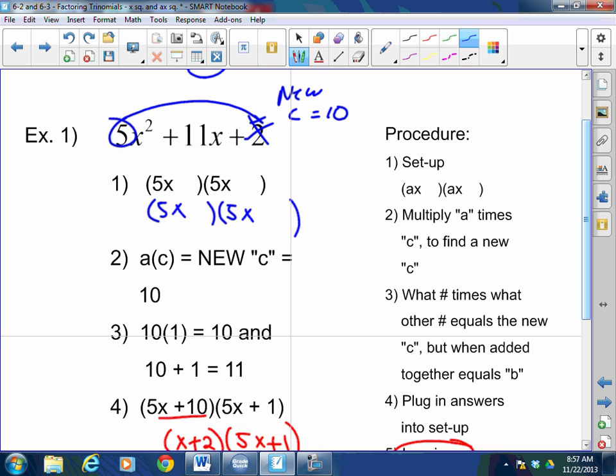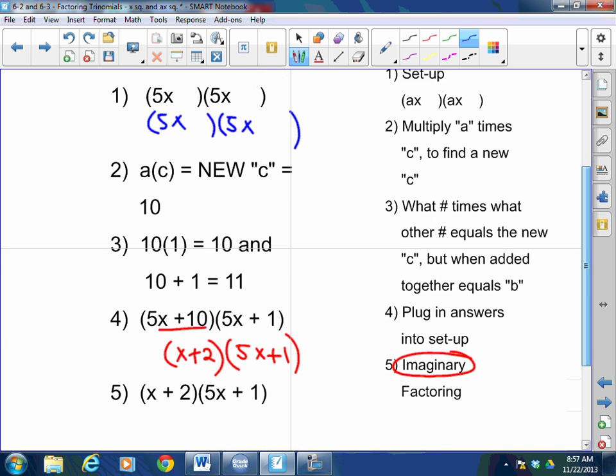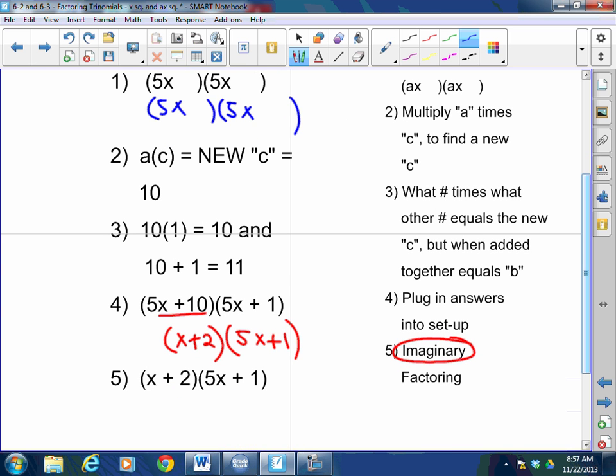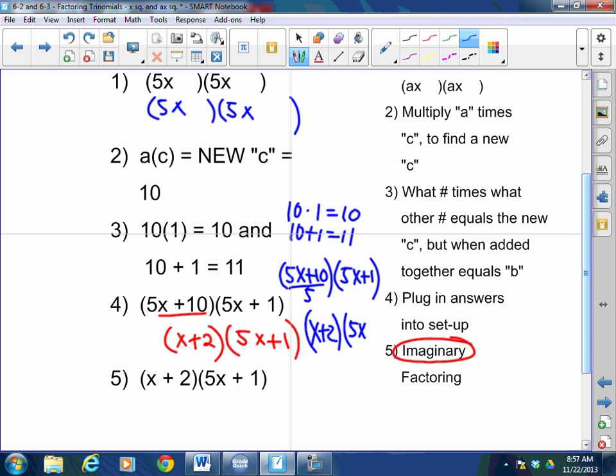Step 3, what times what equals 10, but when added together is 11? Well, 10 times 1 equals 10, and 10 plus 1 equals 11. So I plug those in. I have 5x plus 10 times 5x plus 1. Then I imaginary factor. Oh, I can take a 5 out of here, so I'm going to divide it out. X plus 2 times 5x plus 1.